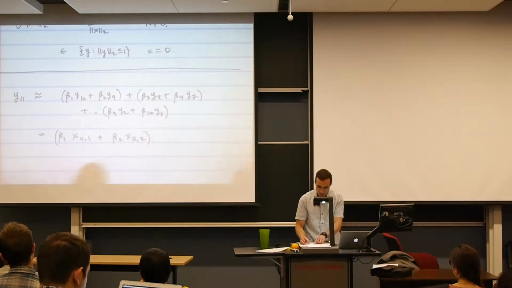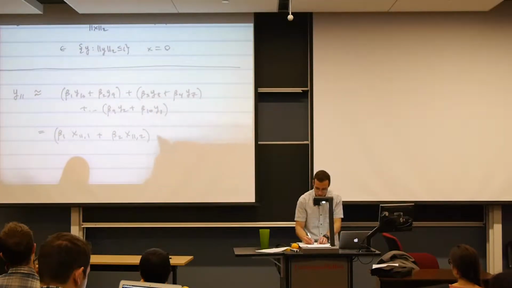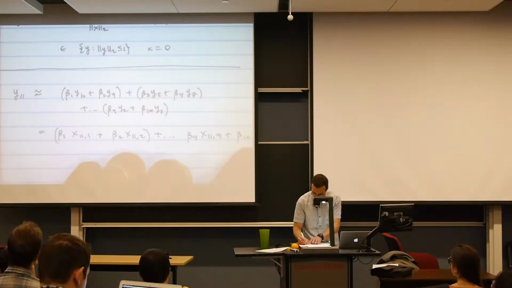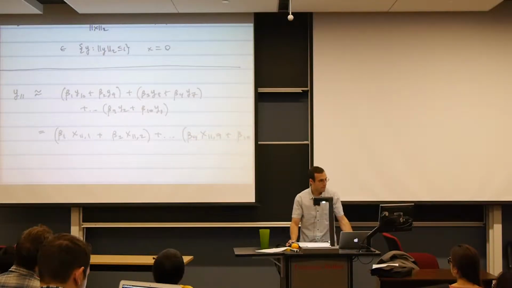This is just a linear combination of some predictors, those predictors being past y points. I'm just translating this into more familiar notation. So beta 9 times x11,9, plus beta 10 times x11,10.